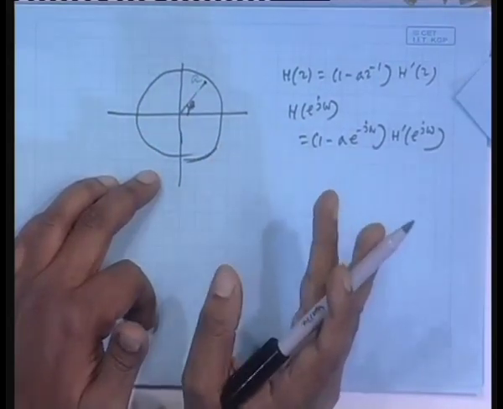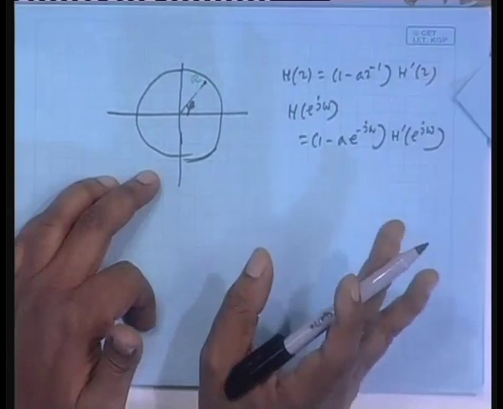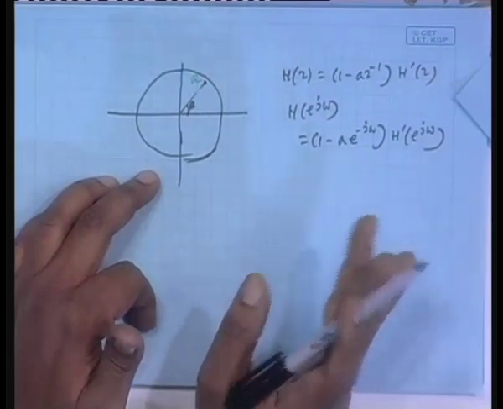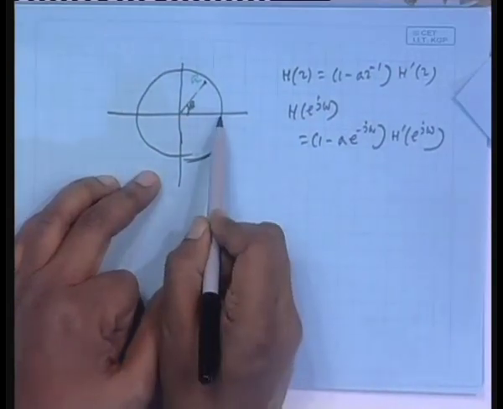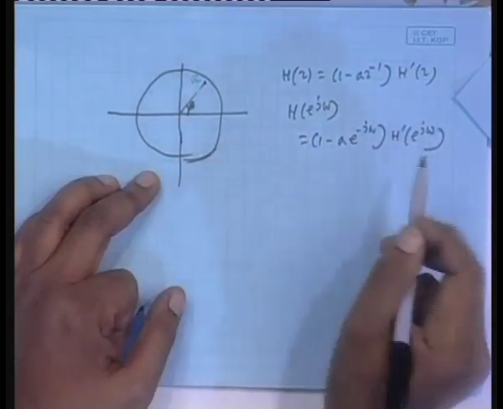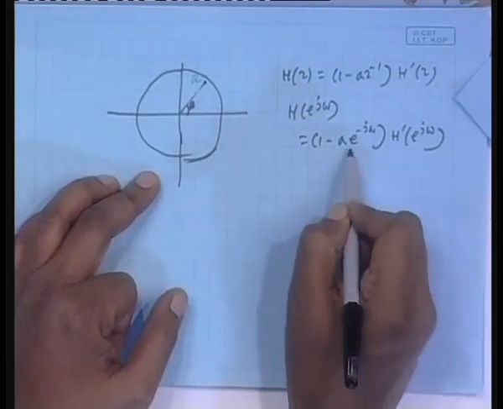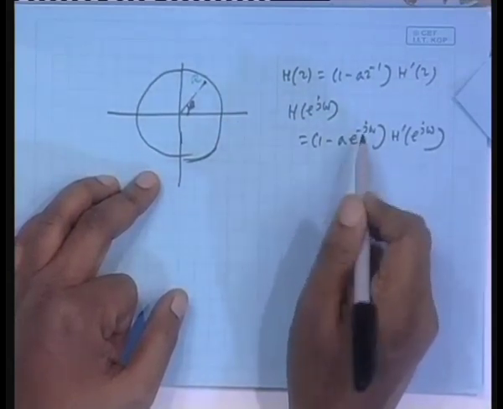Any DTFT, any frequency response is periodic over 2 pi, all of you know, isn't it? That is basic DSP. So, it is enough to plot it from minus pi to pi. So, suppose I started at 0. So, that means 1 minus A e to the power minus j omega.